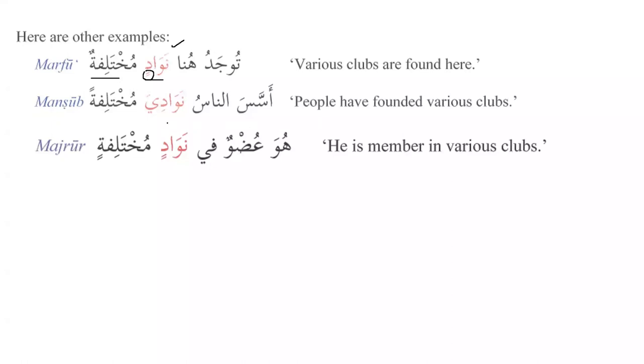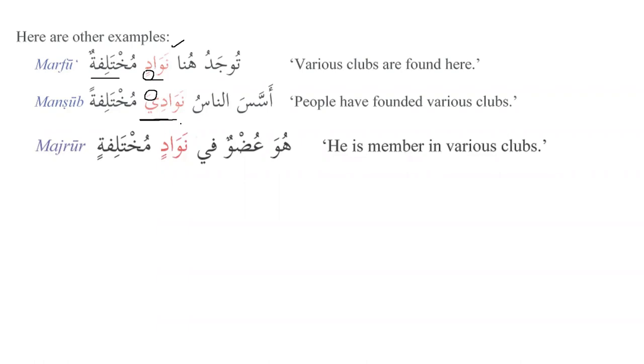Wajada an-nasu nawadiya mukhtalifatan. People have found various clubs, and we know that ismul manqus, when it is mansub, then the ending will be regular. That means it will be shown with fatha. So nawadiya, why does it not have tanween? Because it is on the pattern of mafa'ilu, nawadiyu, mafa'ilu.